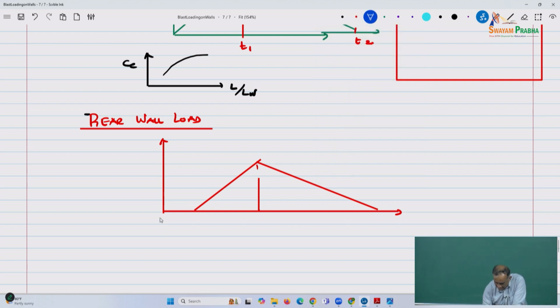Now the arrival time is L over U, which is basically the length of the side wall divided by the wave speed.